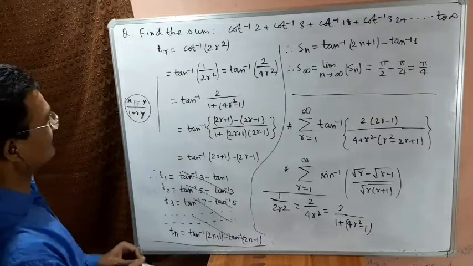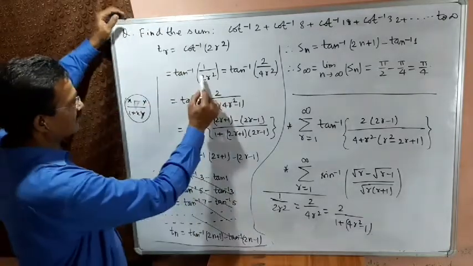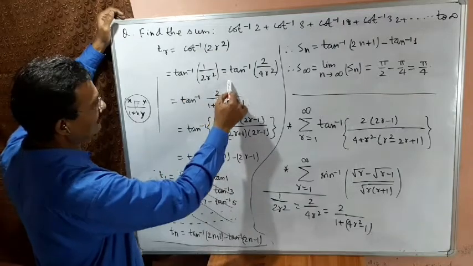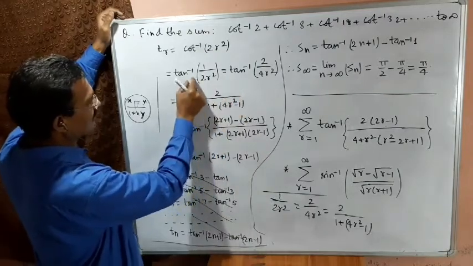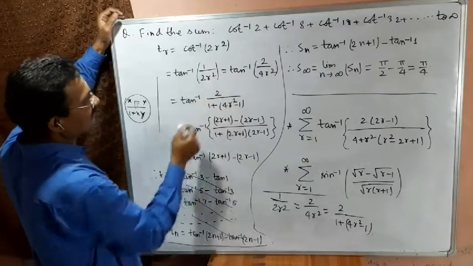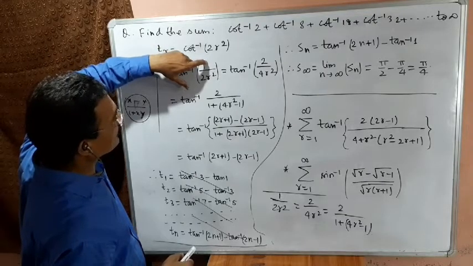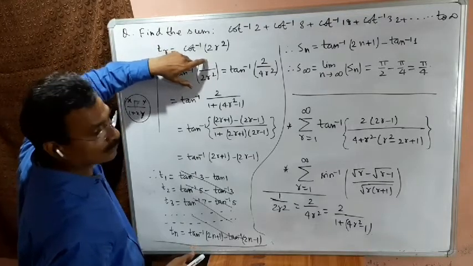I am trying to make you understand why we added 1 and subtracted 1 and then factorized it. This can be done only if the numerator is 2, but here it is not 2.